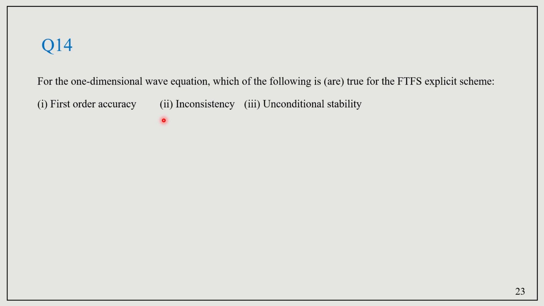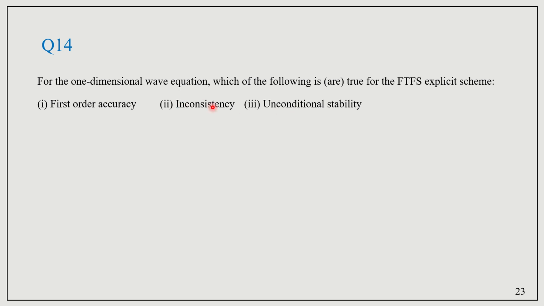So mostly FTFS, forward in time, forward in space, is first order accurate, because we are using forward in time and forward in space. Mostly that will be first order accurate only. We'll see that in the next slide actually. And it will be consistent actually, it won't be inconsistent.